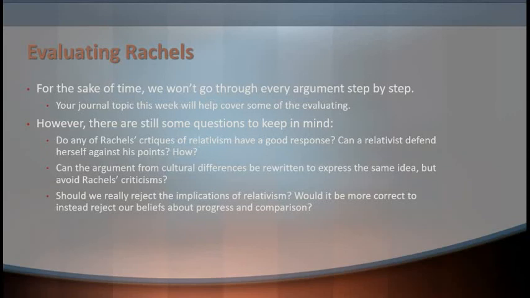And I also, in particular, want you to consider, should we really reject the implications of relativism? Or would it be more correct to instead reject our own beliefs about progress and moral comparison? It might be that we already are believing the crazy implications, and instead we should endorse the kinds of things that are implied by relativism.